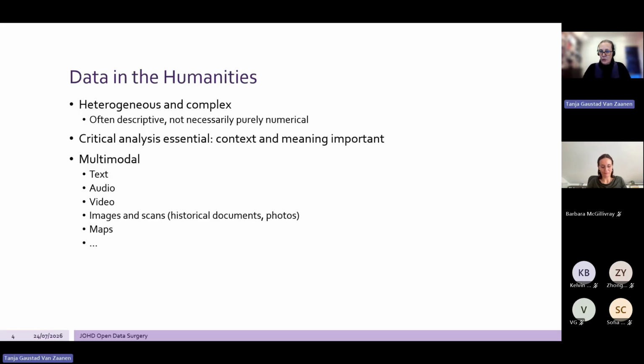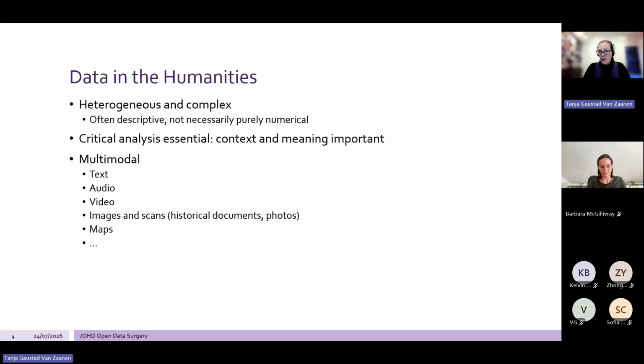One thing I've also learned reading lots of data papers is that the critical analysis part of it is really essential in the humanities. So context and meaning bring something extra to the table rather than just looking at your data purely as objects in a way.